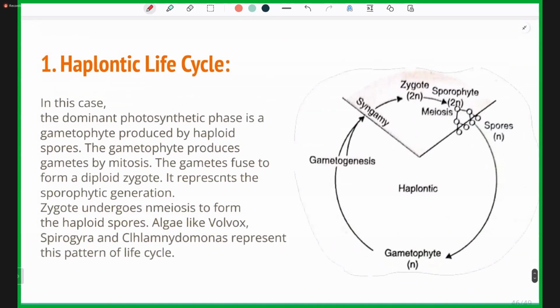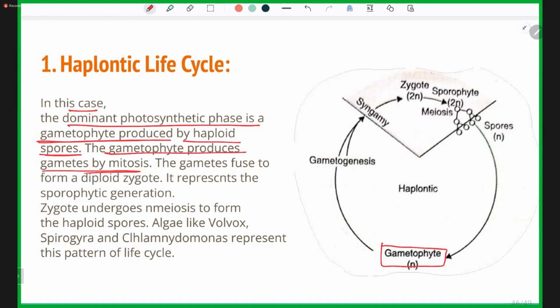The haplontic life cycle. In the haplontic life cycle, the gametophyte is dominant. In this case, the dominant photosynthetic phase is the gametophyte produced by haploid spores. The gametophyte produces gametes by mitosis, and these gametes fuse to form a diploid zygote.